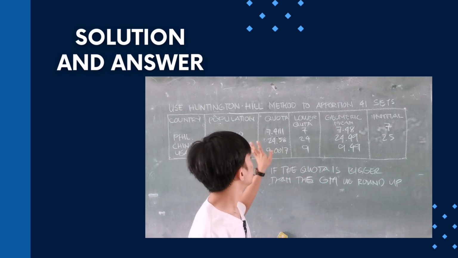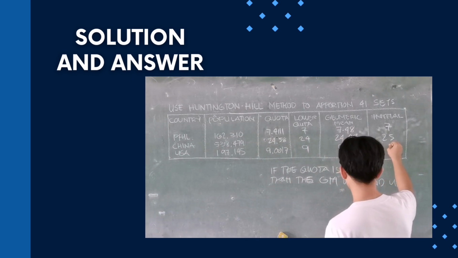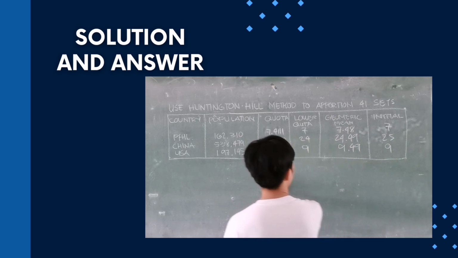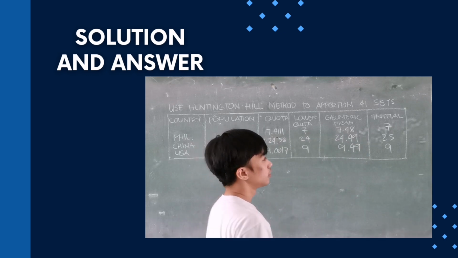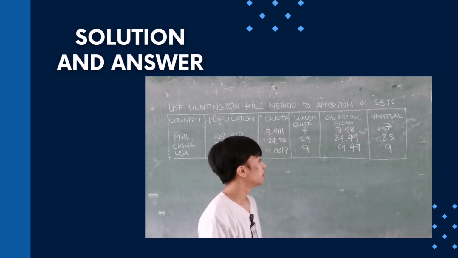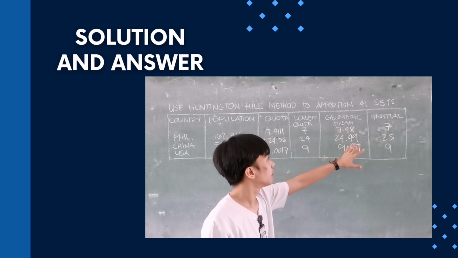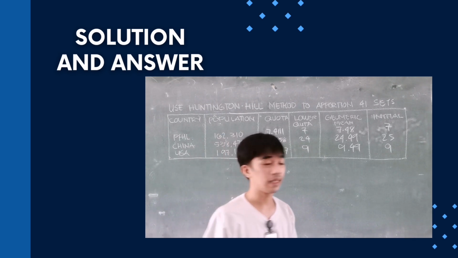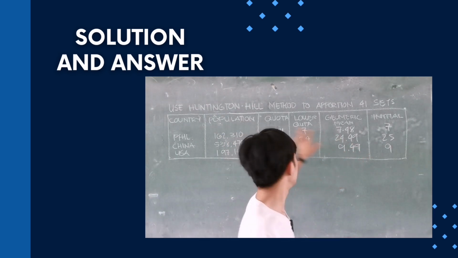So it means we need to round down. So then we have our initial allocations there, to check if it is correct, and its total seats for this one.